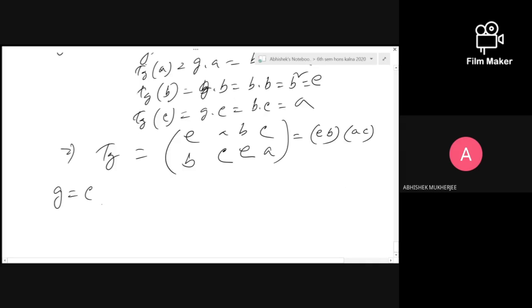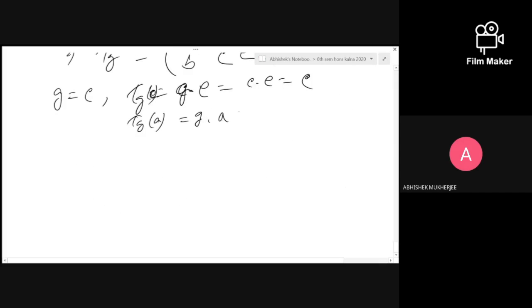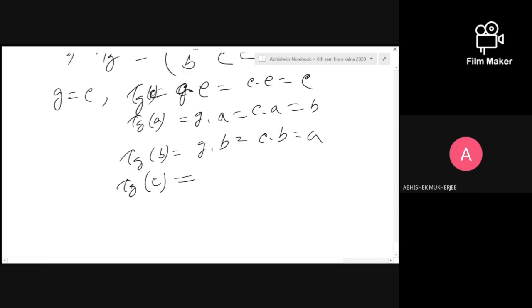Again, if G equal to C, then tau G of E is G dot E, and G is C, so C dot E, so it is C. Tau G at A, G dot A, that is C dot A equal to B. Tau G at B equal to G dot B, so C dot B equal to A. And tau G at C, that is C dot C, C square equal to identity.